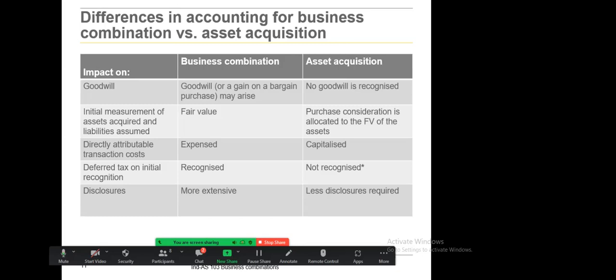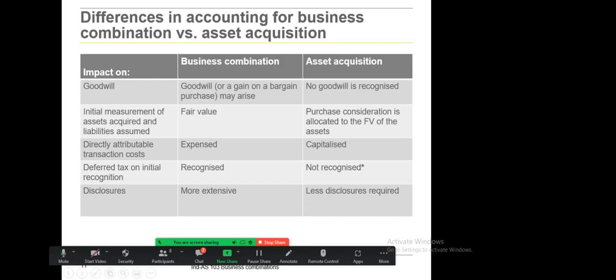The difference of your net assets and the purchase consideration could be your goodwill, or it could be a bargain purchase gain, that is your capital reserve. But in asset acquisition, no goodwill is recognized, and no profit and loss is recognized.